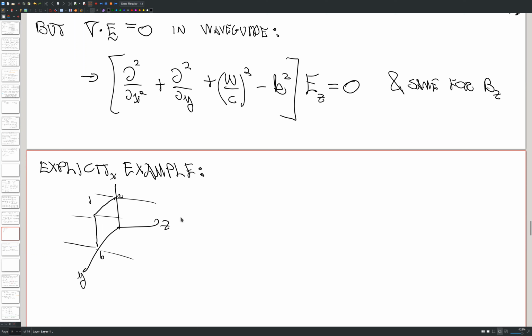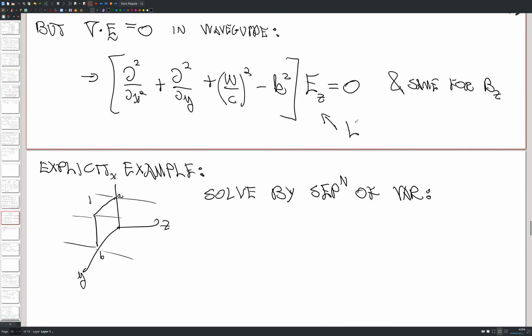So what we can do in this case is we can solve by separation of variables. Okay, so this field here is a function of x and y by our assumptions.